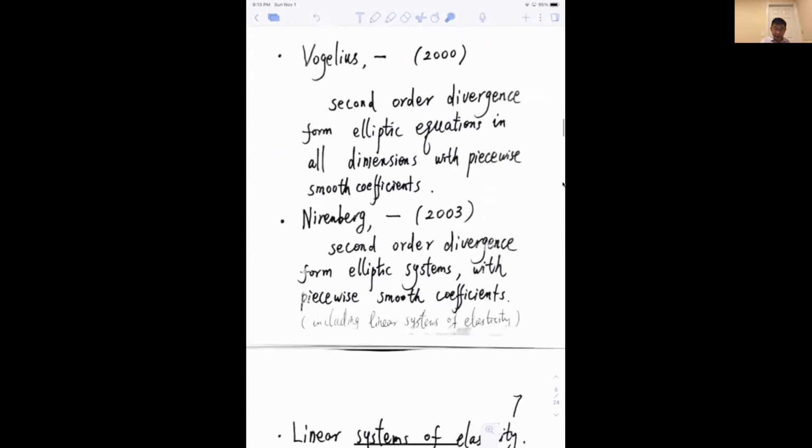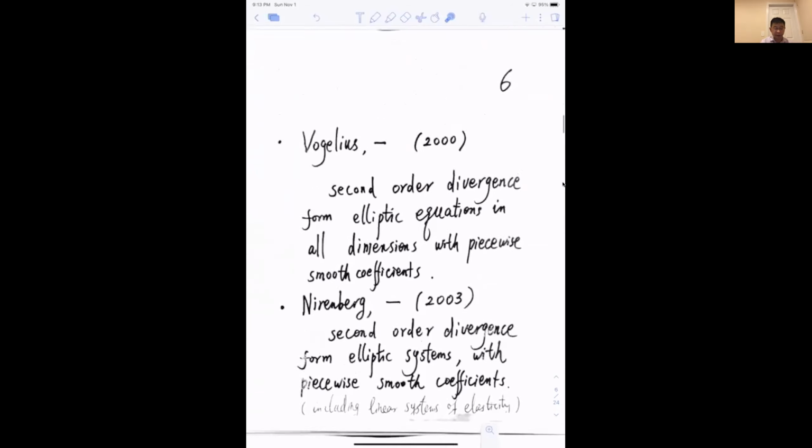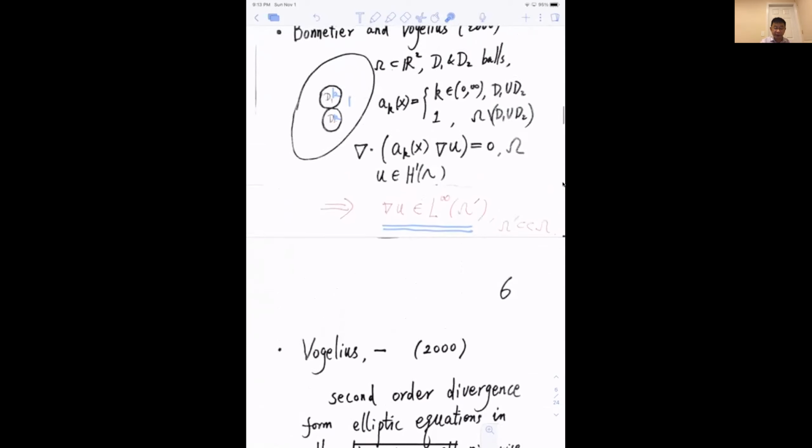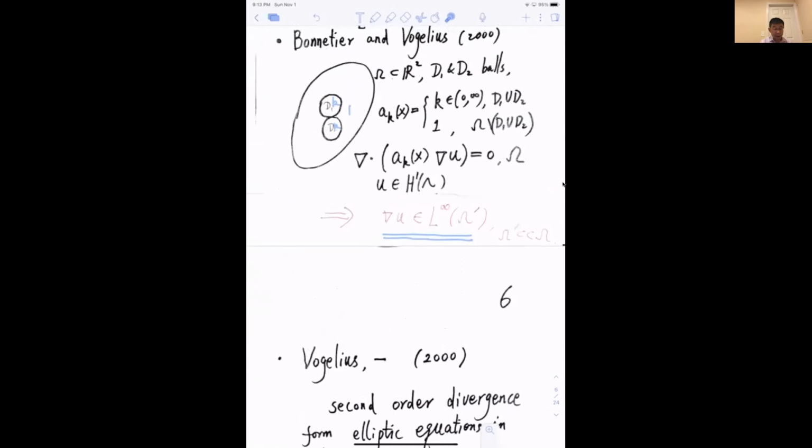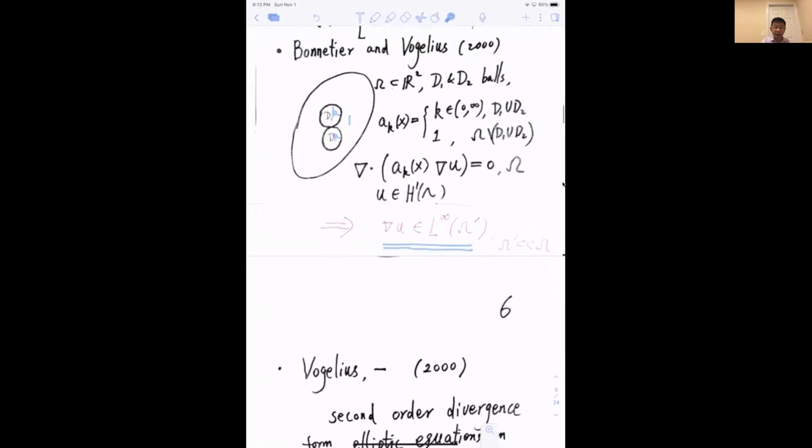Later, with Nirenberg, we looked at elliptic systems, including the linear system of elasticity, and extended the result to systems. So it also works for second order divergence elliptic systems with piecewise smooth coefficients. So gradient u will be bounded, independent of epsilon.